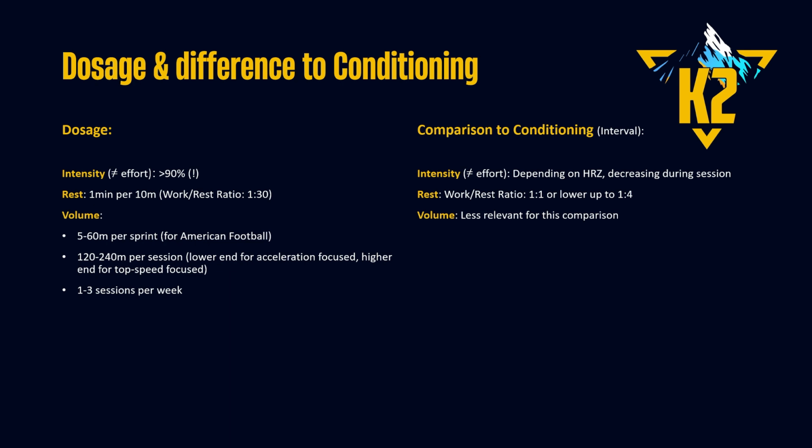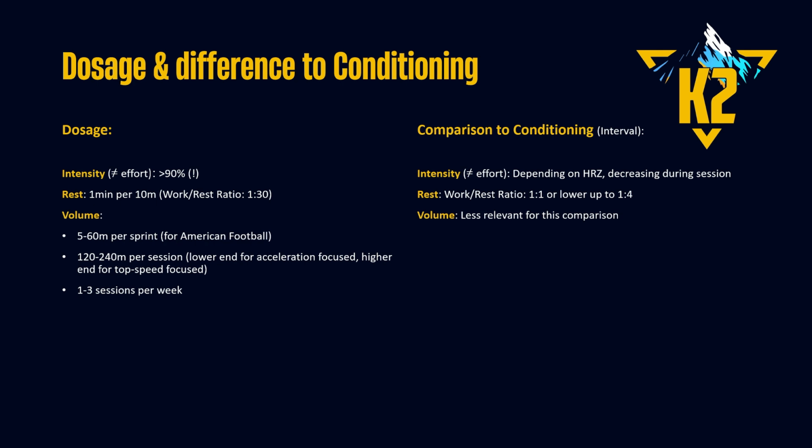But if we think about heart rate zone 4 to 5, which would be 80 to 90 or 100% of your maximum heart rate, this means if you take a sprint and you're doing, for example, 4 sprints of 40 yards, you want to have almost the same sprint times for all 4 sprints, and therefore rest enough. In this case, for some kind of 4 minutes or something like this. The effort in this case is always, for example, 100%.